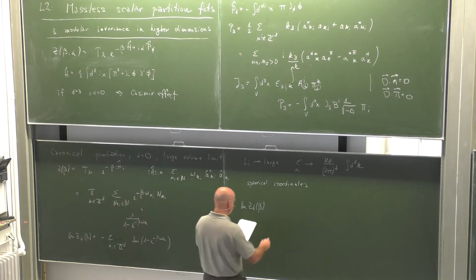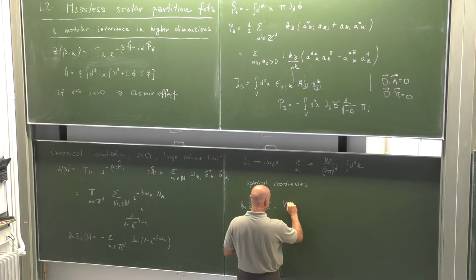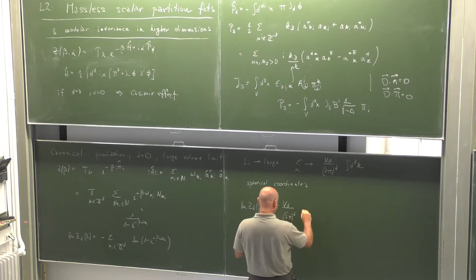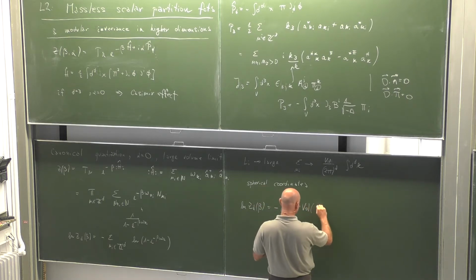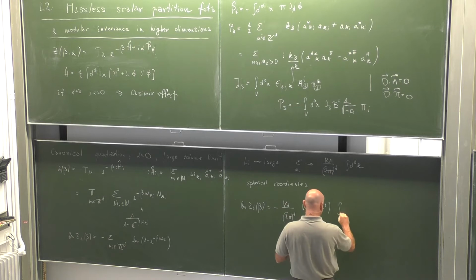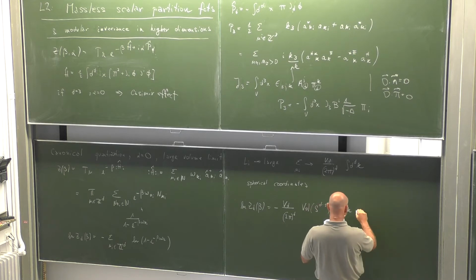So because the result that you get when you go to spherical coordinates is V_d over 2 pi to the power d, the volume of the S^{d-1}, and then you have this integral to perform, which is a single integral.